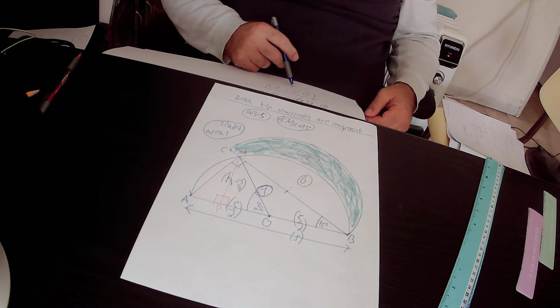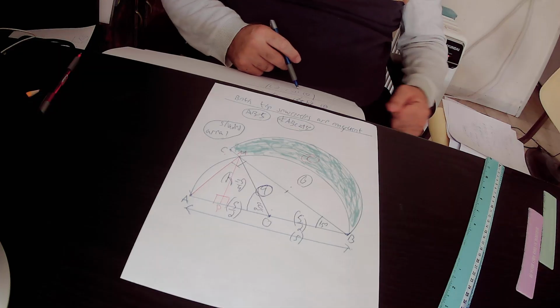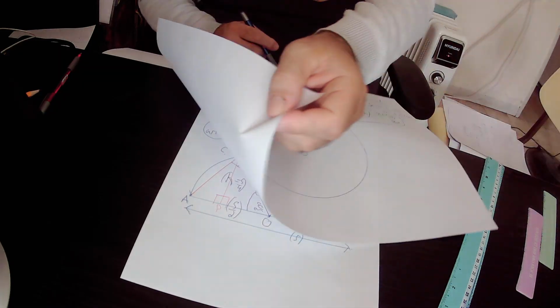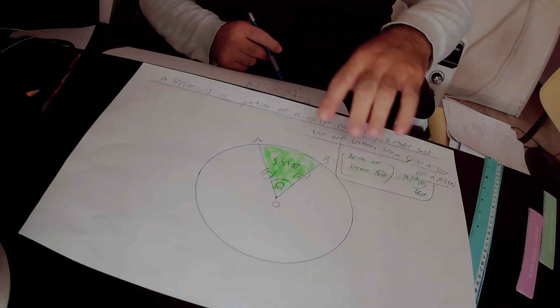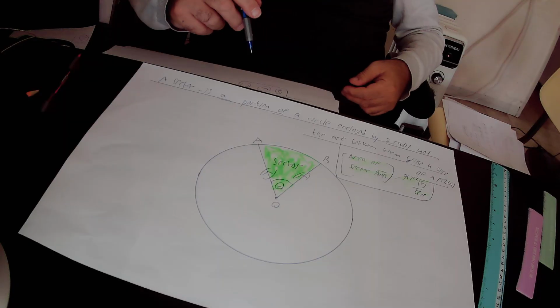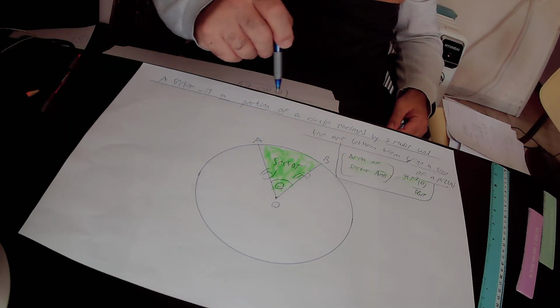So, what is a sector? The green shape AOB is a sector. A sector is a portion of a circle.